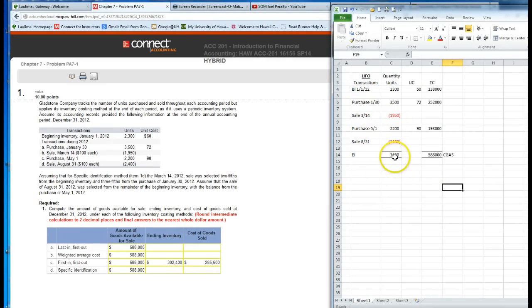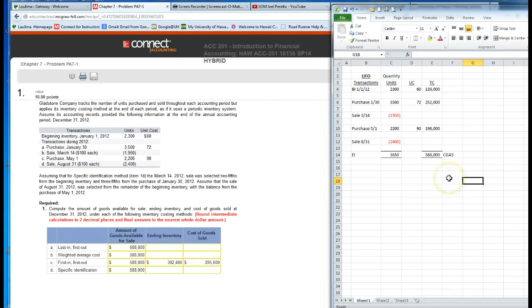And that leaves us with 3,650, which is the quantity on hand in the ending inventory. Over in the total cost column, these are dollar amounts. And so I should probably format those amounts so that it's easier to tell that those are dollar amounts. We have the commas in there now.